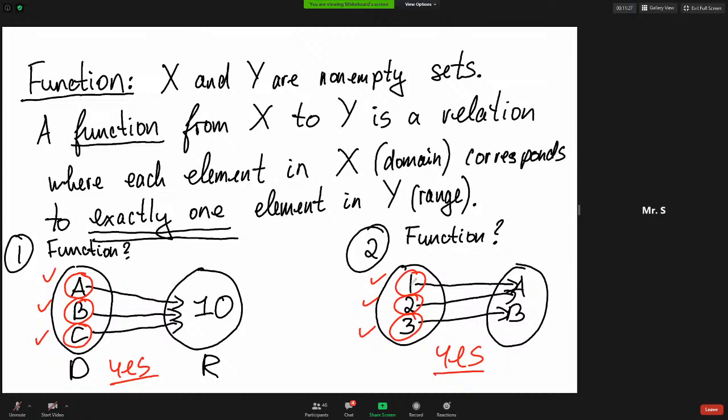Again, it happens that 1 and 2 correspond to the same element A, but that does not break the definition of a function. So this would be a function. Again, domain is what you're concentrating on to figure out if you have a function or not. Let's do another one.